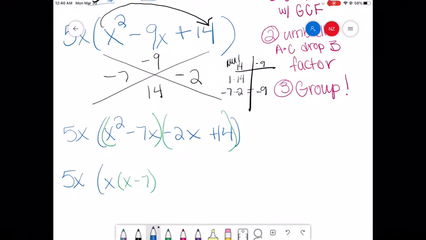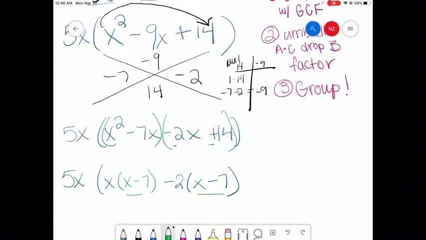Then I'm going to have plus, nope, I'm going to take out a minus sign here, minus 2 times x minus 7. How did I know I had to take out a minus sign? Well, this is a -2 here, and this is a +14. I know that this and this must match. So if this is going to be a -7 and this is going to be a +14, I have to do a negative times a negative to get me a positive.